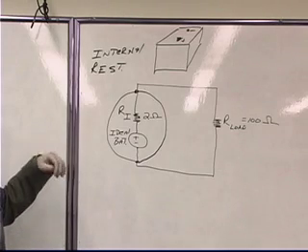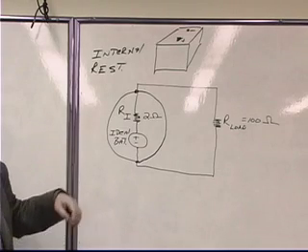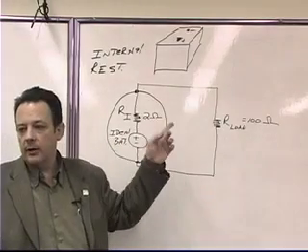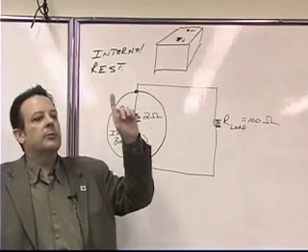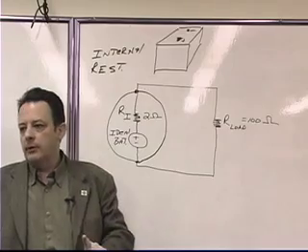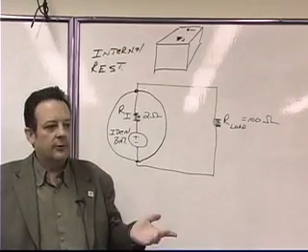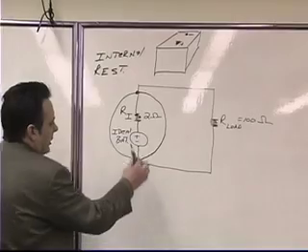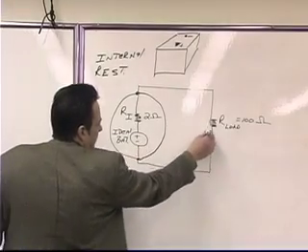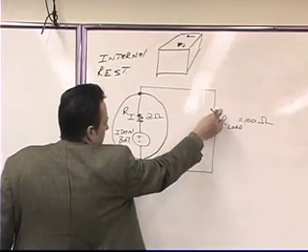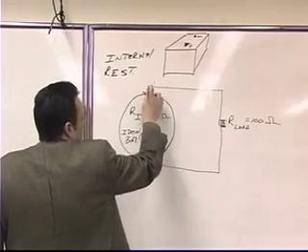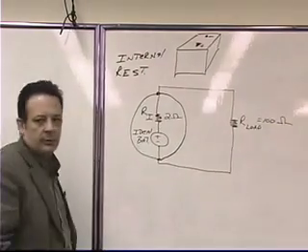Right, it's going to leave the negative terminal of the battery, and it's going to flow in a counterclockwise direction, and it's going to be the same in every component because it's a series circuit. In other words, the current coming out of the battery is going to be the same as the current going through the load resistor, which is going to be the same as the current going through the internal resistor.